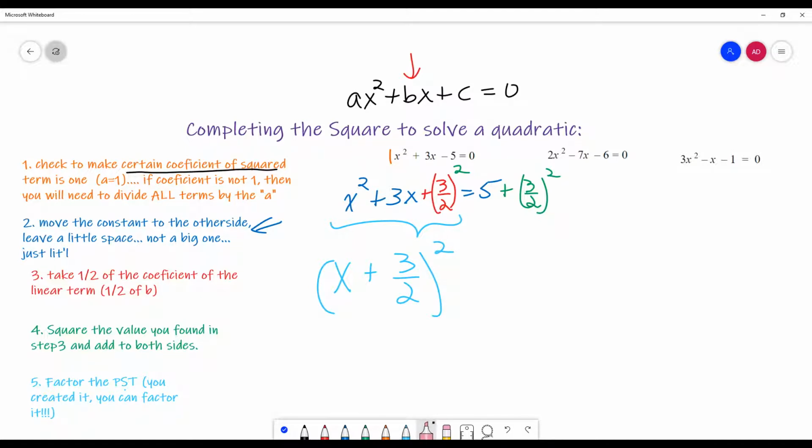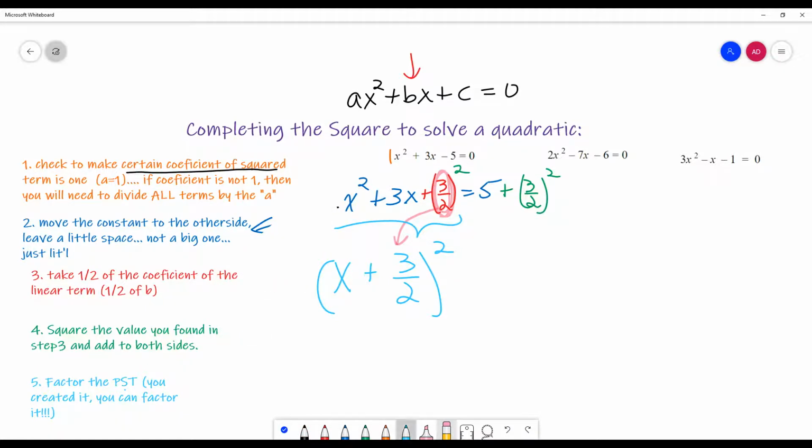Just remember, and I tell my students this all the time, whatever that half term was when you took half of b, that's what goes inside the parentheses. If I multiplied that out, I would get x squared plus 3x plus 9/4. Do you have to remember all that? No. Just know those steps and you're going to be golden.